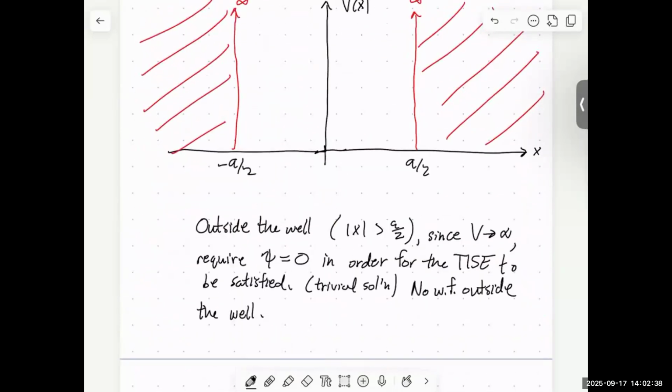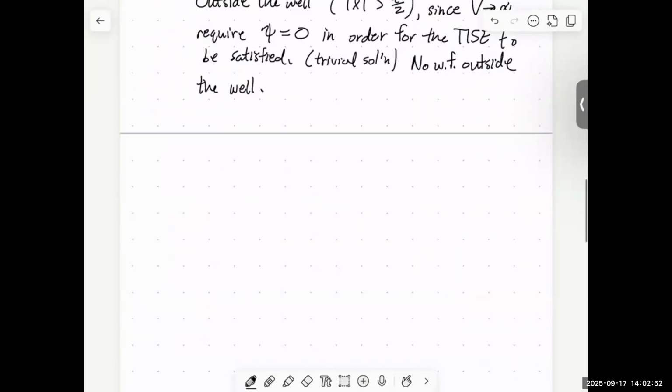What we already decided is that outside the well, where the potential goes to infinity, the wave function has to go to 0. The little psi must be equal to 0. So what we're left trying to do is solve the time-independent Schrodinger equation inside the square well.